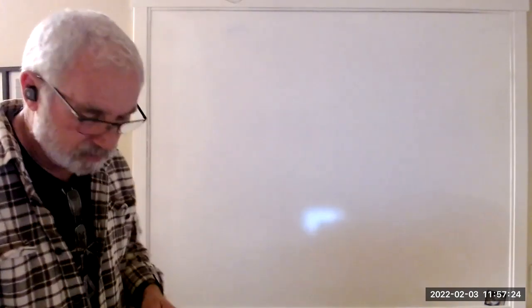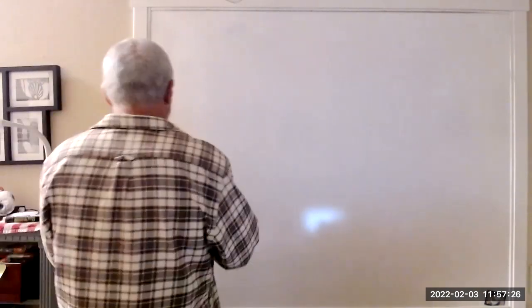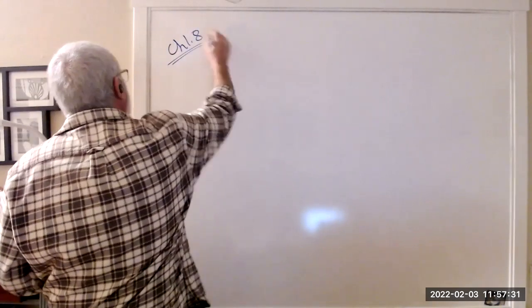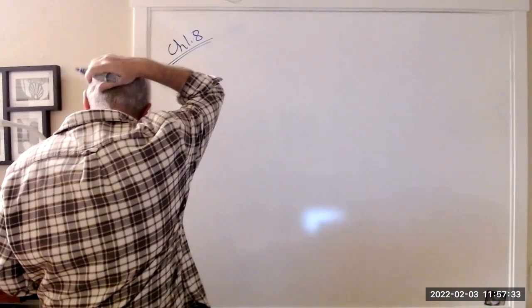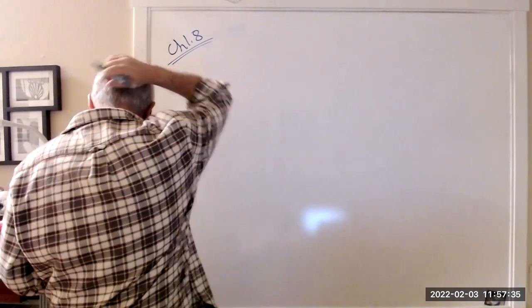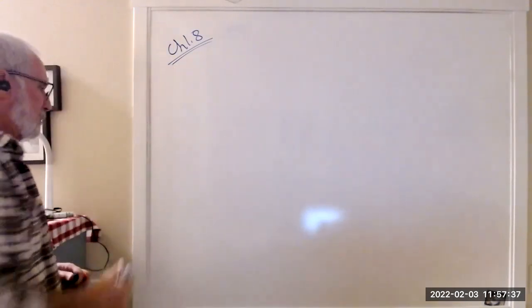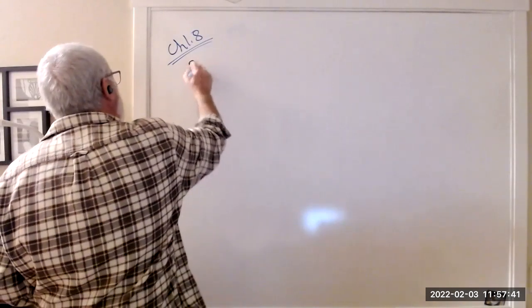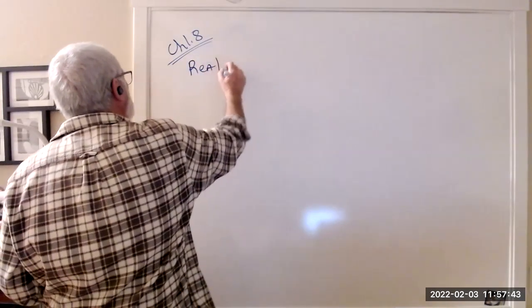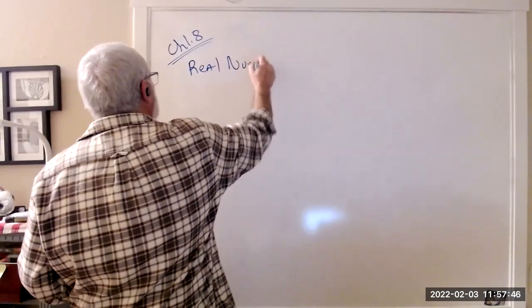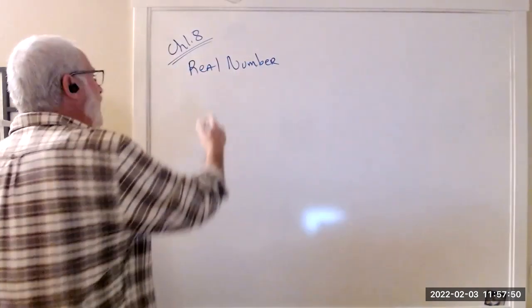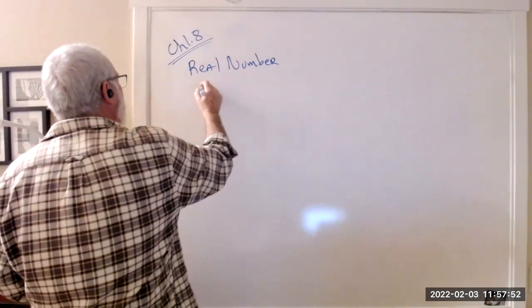Chapter 1.8 has just a bunch of silly rules. It talks about the real numbers, and that's a group of numbers. That's everything on the number line.